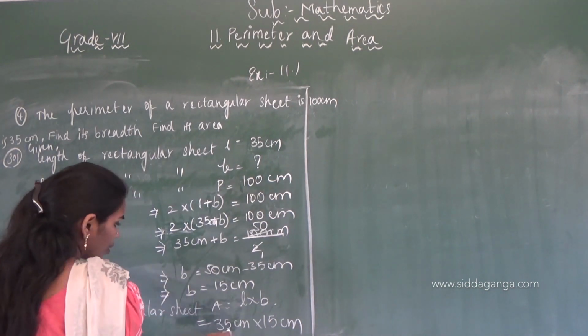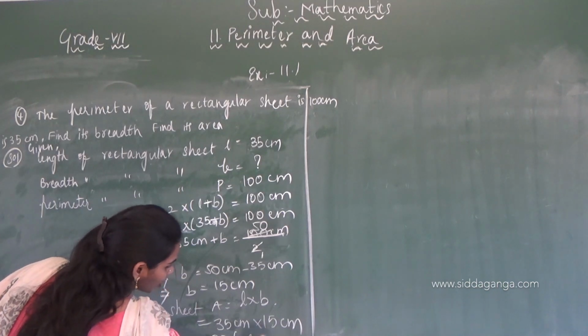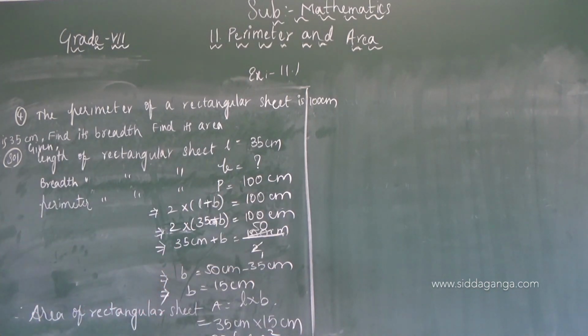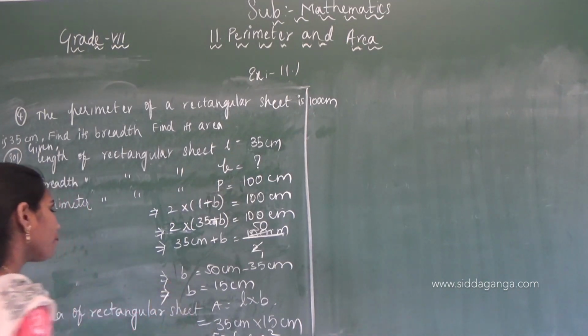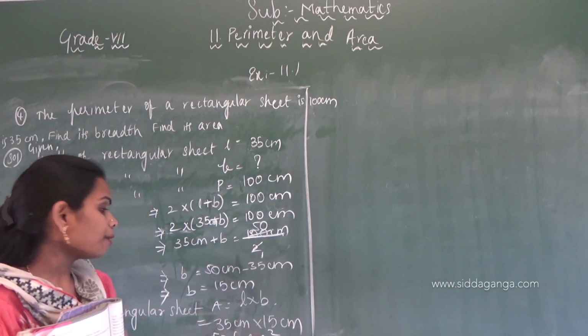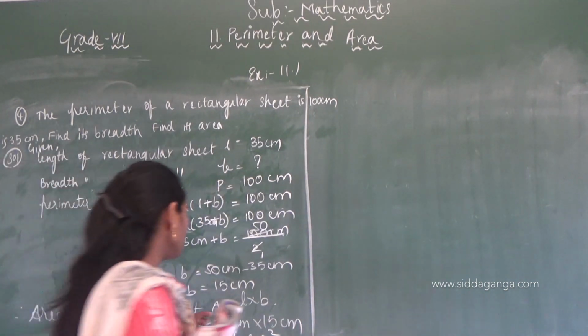What is this? 525 centimeter square. Like that, you just have to do.